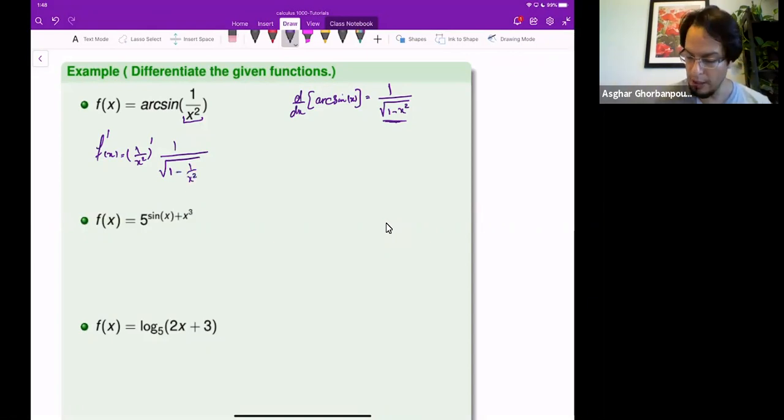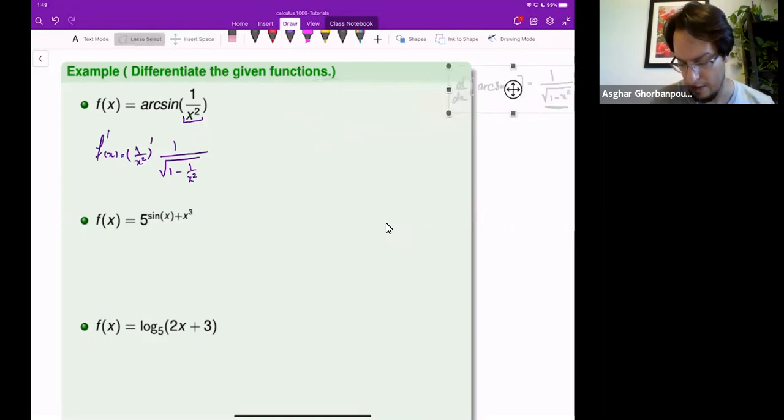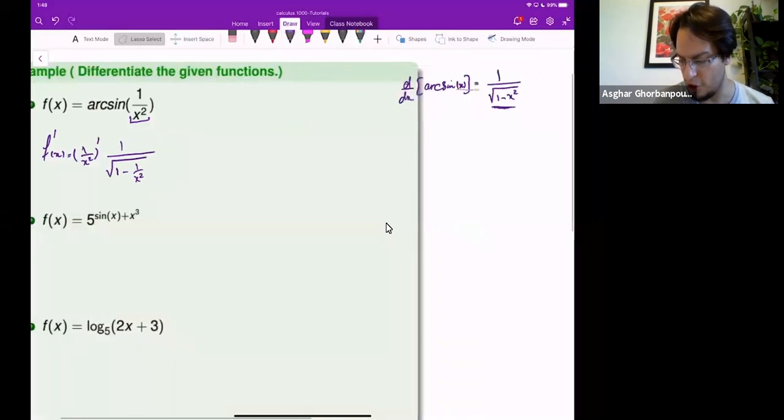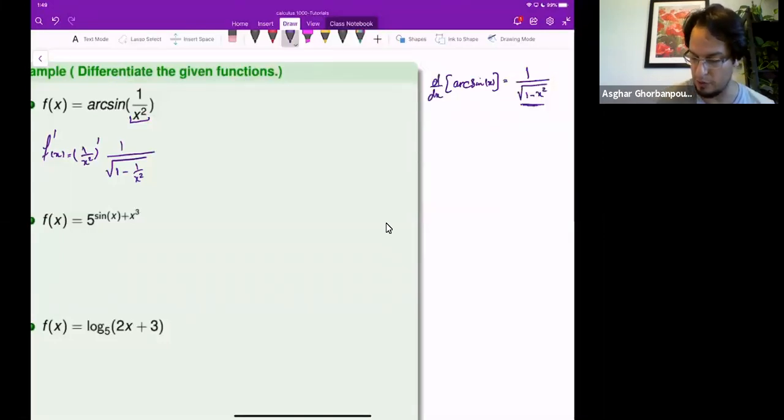Or, instead of doing all this work here, you can use the chain rule with the derivative of arc sine, the generalized version, which I most of the time will write as the derivatives with the chain rule version.